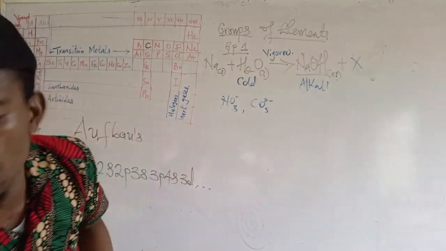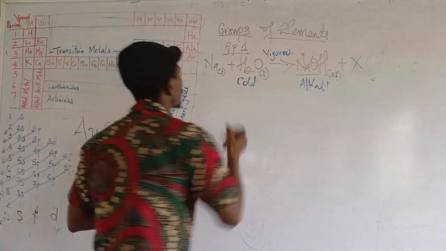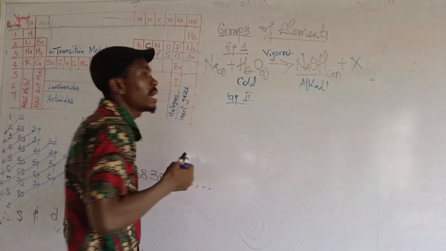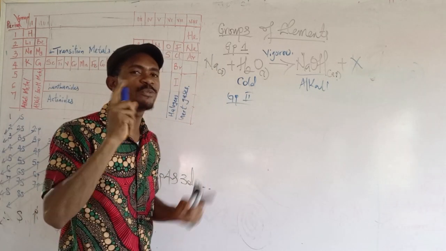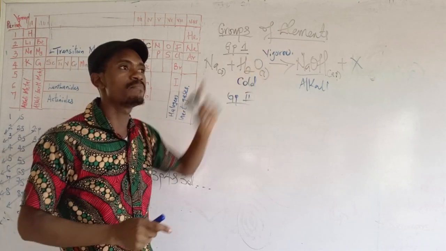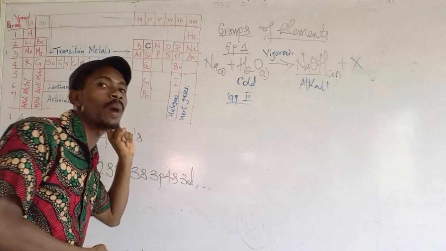Let's now move on to group 2. In group 2, they are known as the alkaline earth metals. Group 1 was just alkali metals, while here they are the alkaline earth metals. Alright? They are very reactive, just like their brother, group 1.